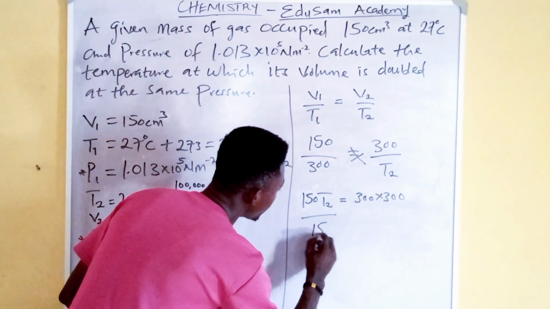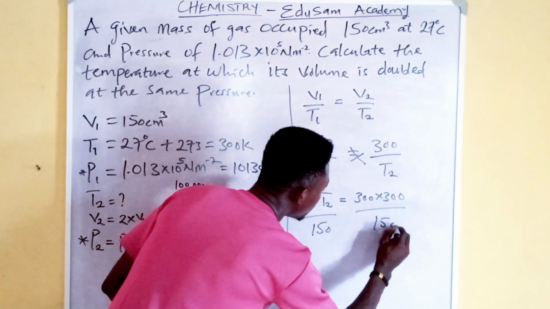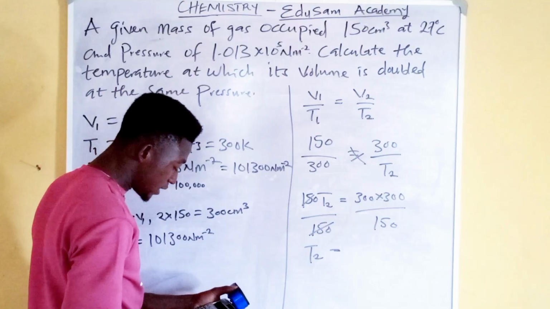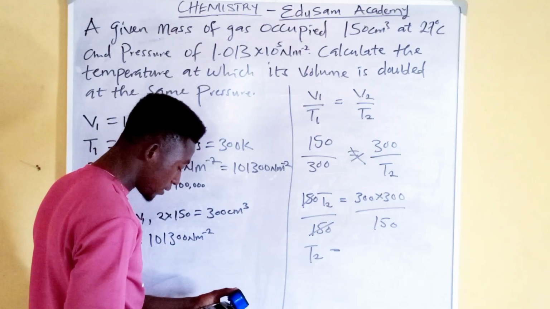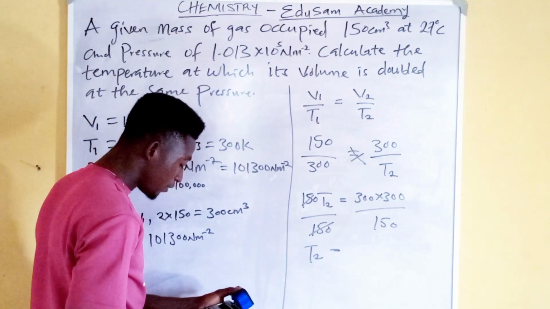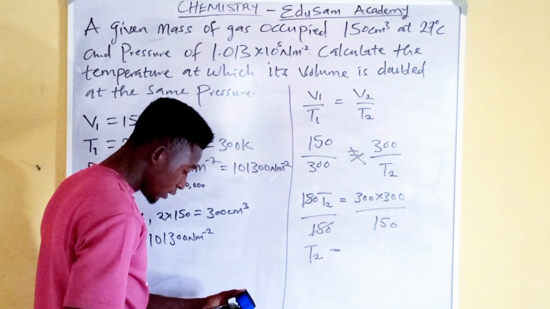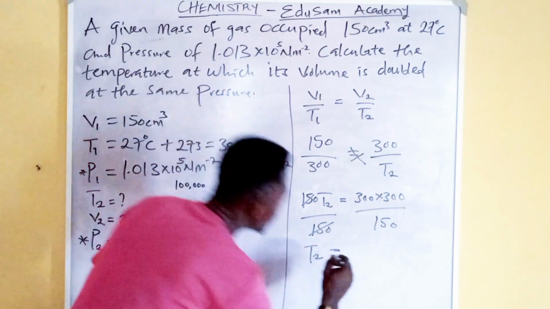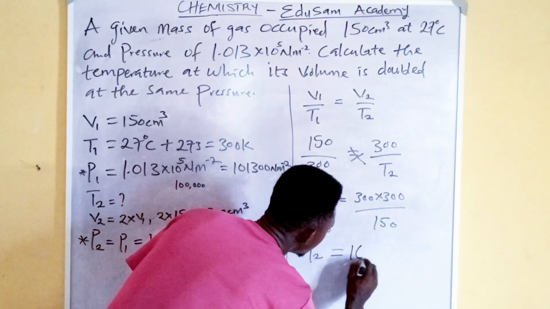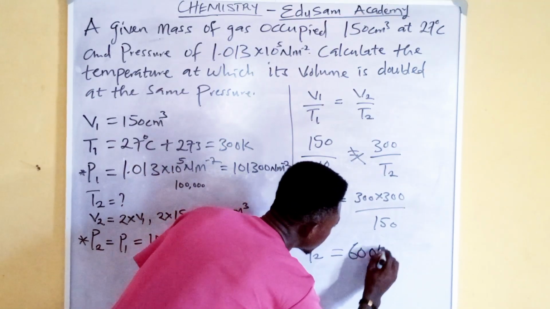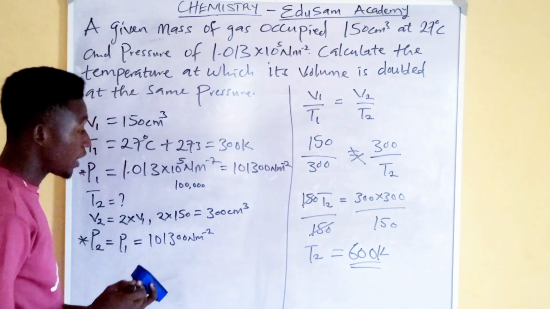So divide this by 150 and divide this by 150. This cancels out. So I have T2 equals 300 times 300 divided by 150. I have 600 Kelvin, which is my final answer.